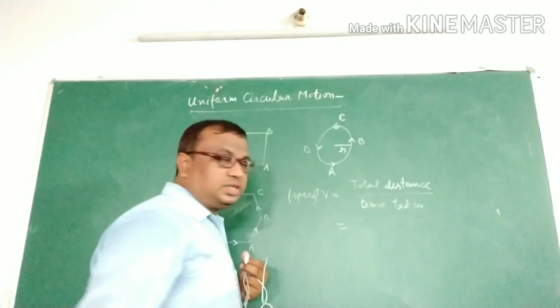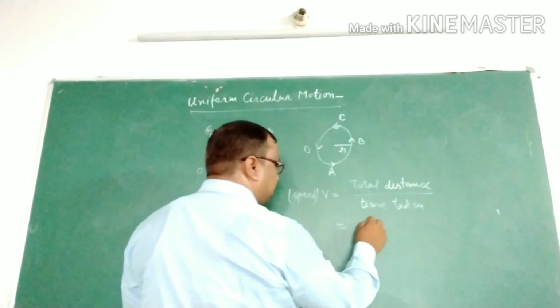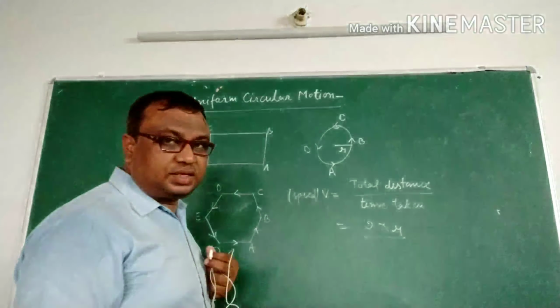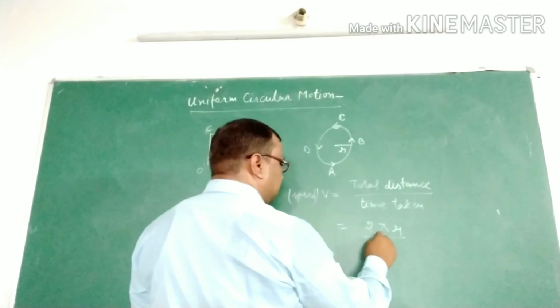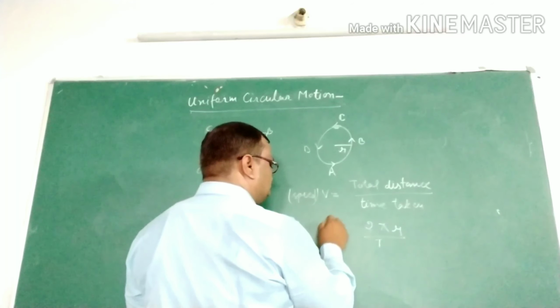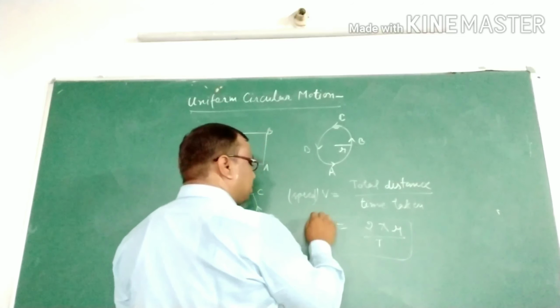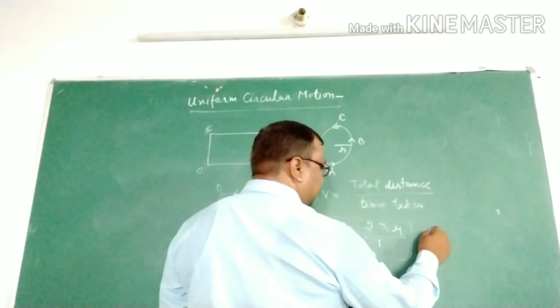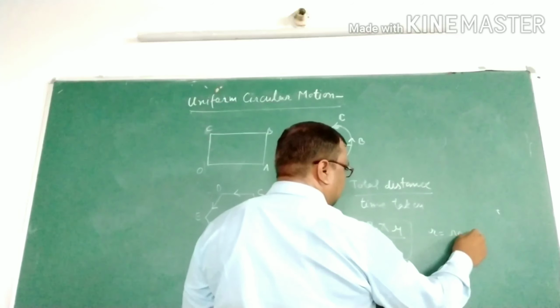Here the total distance is 2 pi r and the time taken is capital T. So V is 2 pi r upon T. Here r is the radius of the circle.